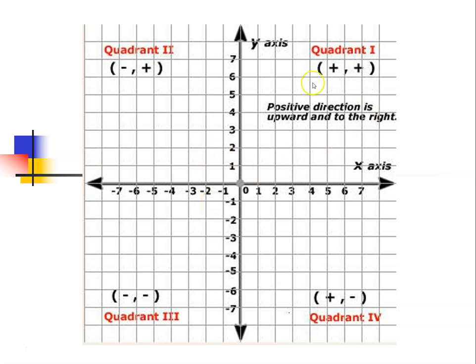In the first quadrant, all values of x and y, the ordered pair, meaning x and y value, are positive. In quadrant number 2, x is negative and y is positive. Quadrant number 3, both are negative. And then in quadrant number 4, x is positive and y is negative.